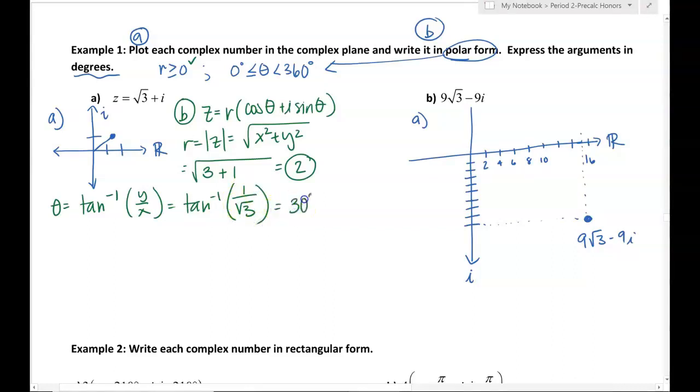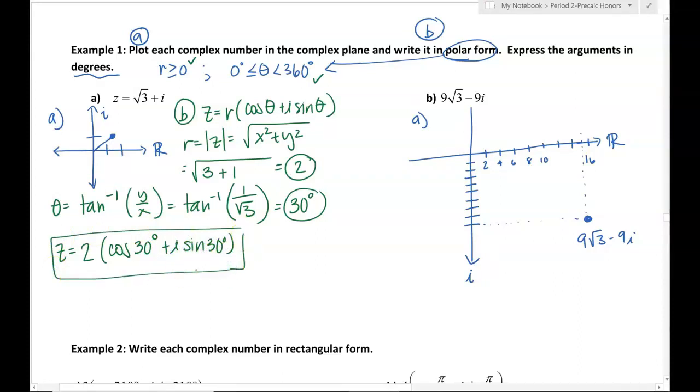This is 30 degrees. Well, check, right? Positive angle, positive radius. We're going to use those to put our z equation together. So z equals radius is 2. Cosine of 30 degrees plus i sine of 30 degrees, and box that up.